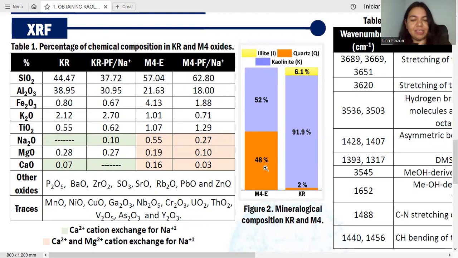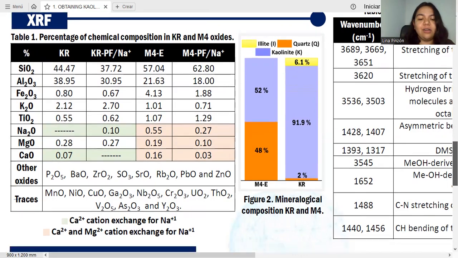In the semi-quantitative analysis, it was obtained that the mineralogical composition presents 48% quartz and 52% kaolinite. In addition, it was observed that in the homogenization process with sodium, a cation exchange occurs between magnesium, calcium and sodium, which generates a decrease in the percentage of the oxides.